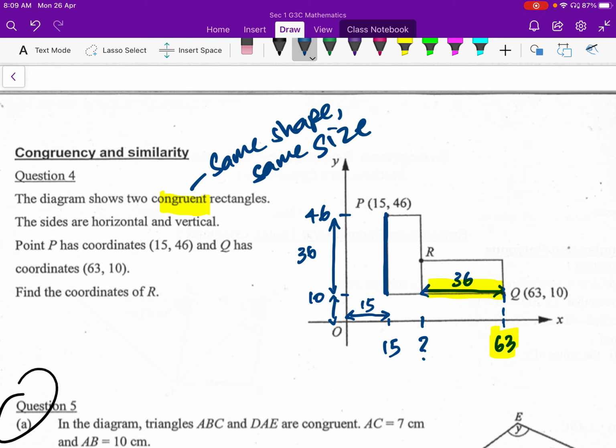So it becomes a primary school question already, right? It ends at 63, 36 units backwards. What is it going to be? So you just need to take 63 minus 36. For this value, we have 63 minus 36 to give us 27. Now I know that for the point R, it has a block 27.